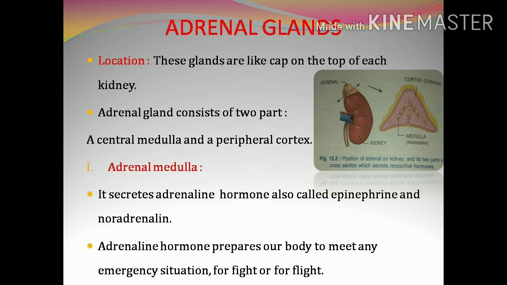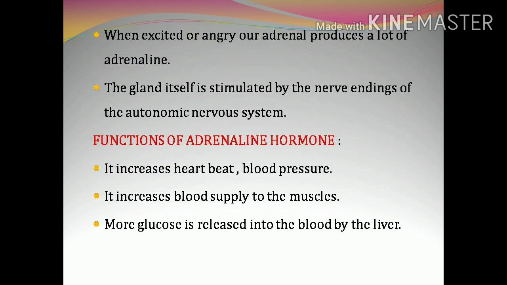So it prepares our body for fight, means to face that dangerous situation, or flight, means to run away from that situation. So it is called emergency hormone. Extra energy and strength is provided to the body in that situation. To face or to escape from that situation, our body requires extra energy.